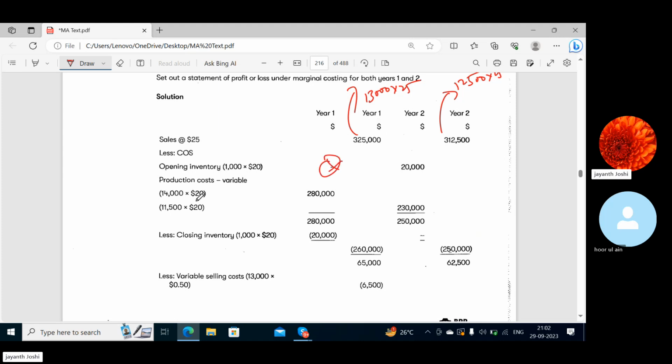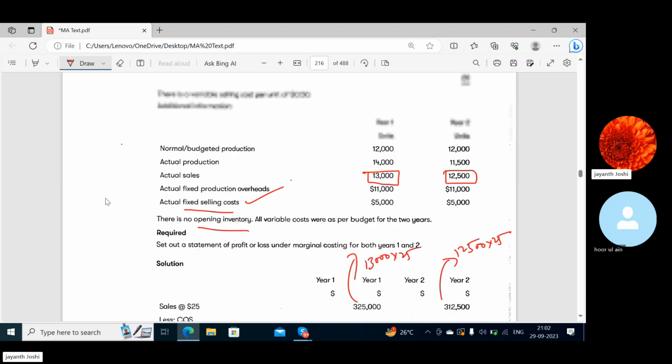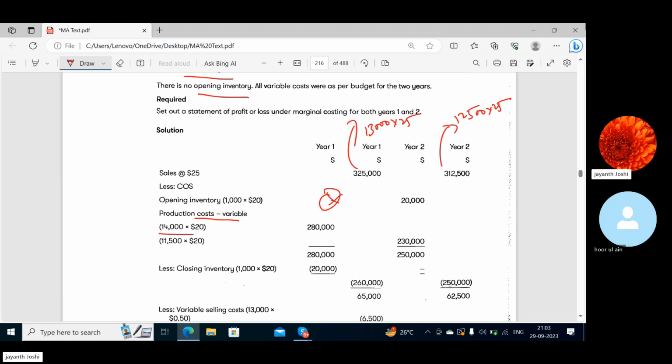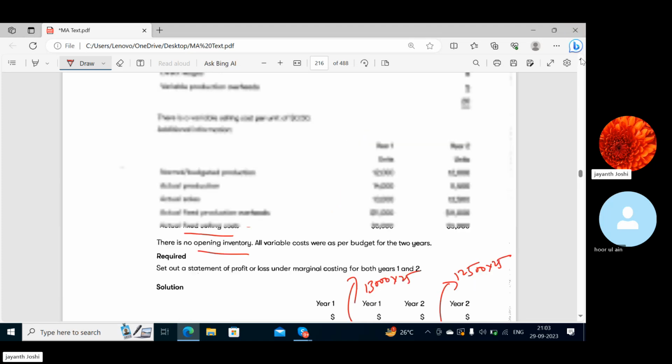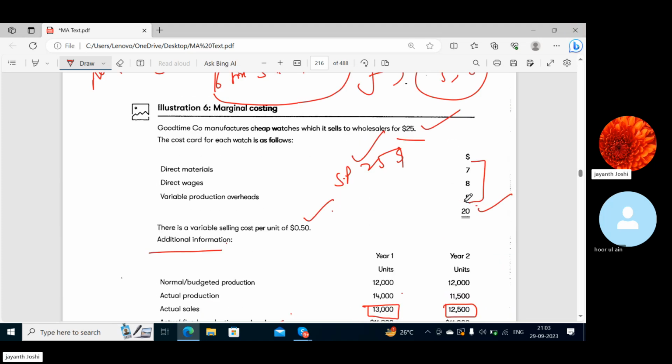Now production costs. We are doing marginal costing, right? So we will take the variable production cost. Actual production is 14,000, so we'll take 14,000 into the production cost given to us per unit, 20, which considers everything: material, labor and variable production overheads.